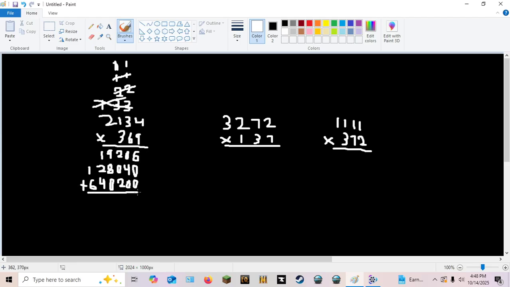Okay, then we're going to add. 6 plus 0 is 6. 0 plus 4 is 4. 2 plus 2 is 4, 9 plus 8 is 17. Now, 2 plus 2 is 4. 4 plus 4 is 8. 1 plus 6 is 7.